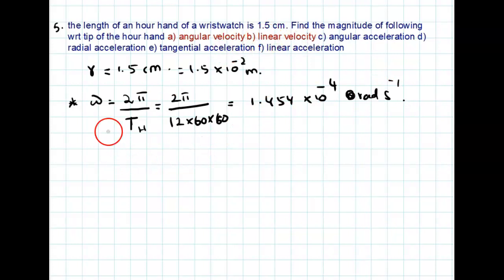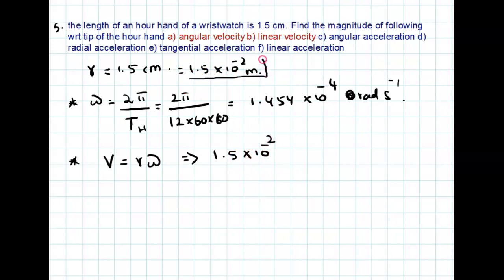Okay, next, linear velocity. The linear velocity formula is v is equal to r omega. The radius of the hand is 1.5 times 10 to the power minus 2. The length of the hand is the radius. We know this already. Multiply by the angular velocity, 1.454 times 10 to the power minus 4.